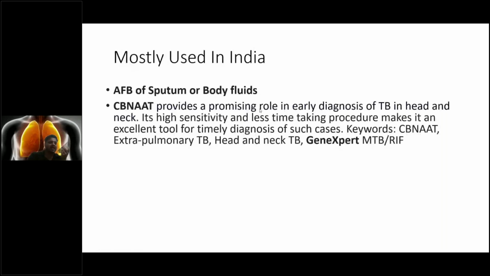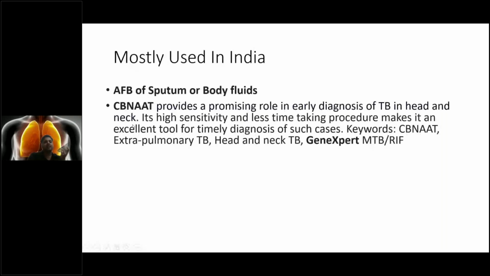Then another is CBNAAT. CBNAAT is more specific than AFB. If a patient comes as negative in AFB but positive in CBNAAT, we will tell that the patient is TB positive.